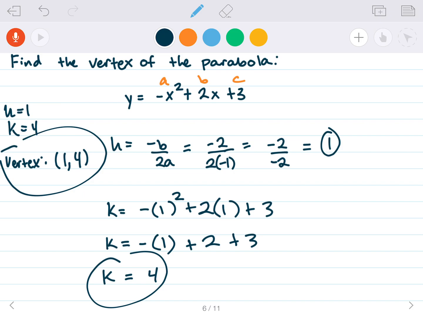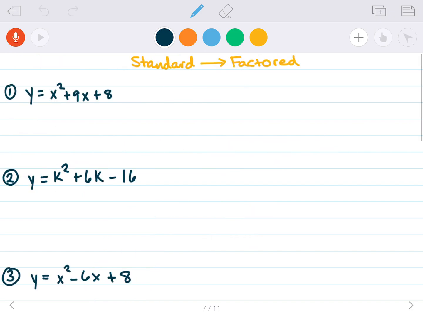That's my vertex. All right, so what if we want to go from standard to factored form? So we're only going to do problems where we have a equals 1. So here's the process. When a equals 1, we can do the following.